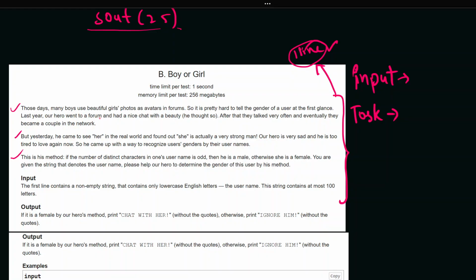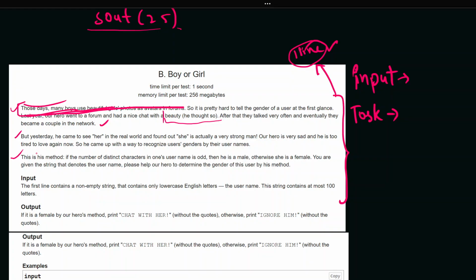Those days, many boys used beautiful girls' photos as avatars. So all these things are not even required, it's just a storyline. So it is pretty hard to tell the gender of a user at first glance. Last year, our hero went to the forum and had a nice chat with a beauty. After that, they talked very often and eventually became a couple in the network.